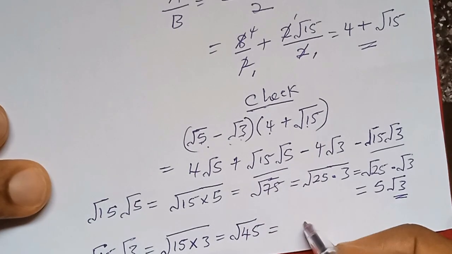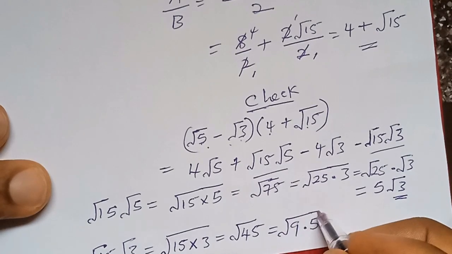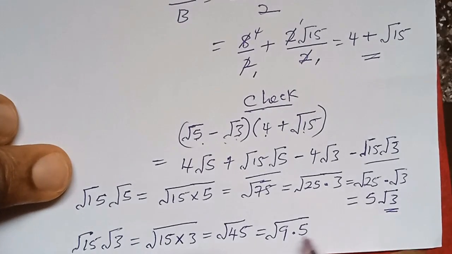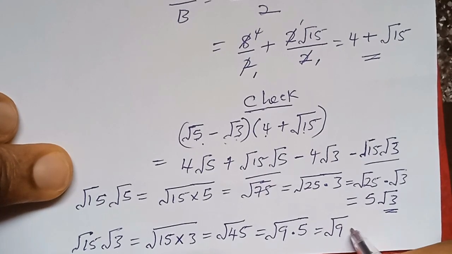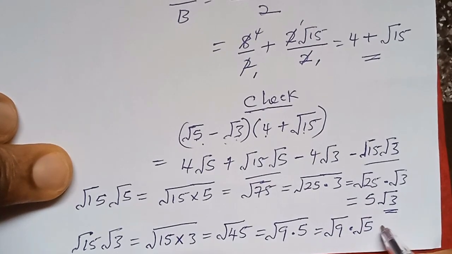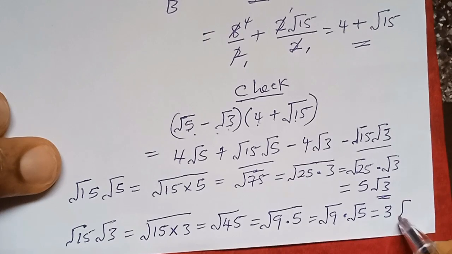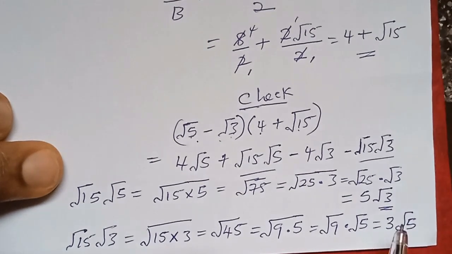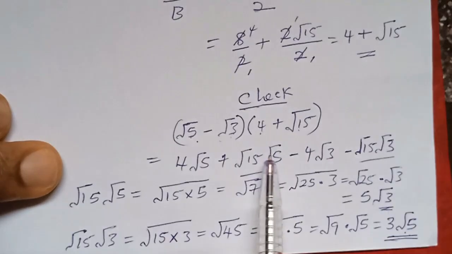Square root of 45 can also be expressed as square root of 9 multiplied by square root of 5, and this gives us square root of 9 equals 3, and square root of 5.